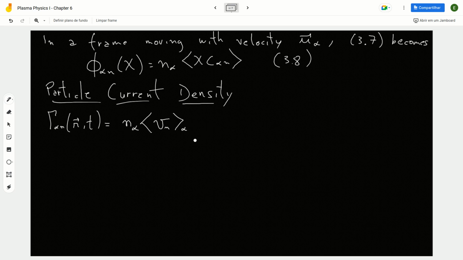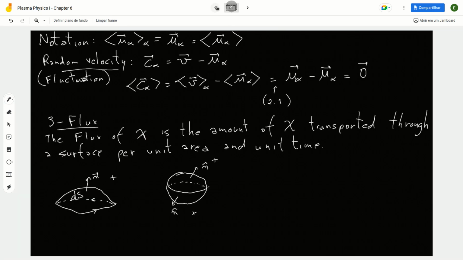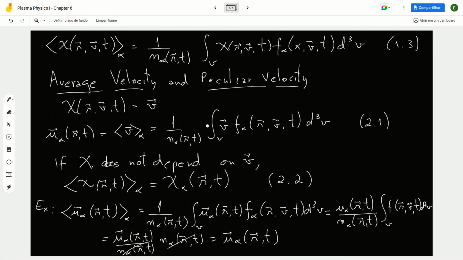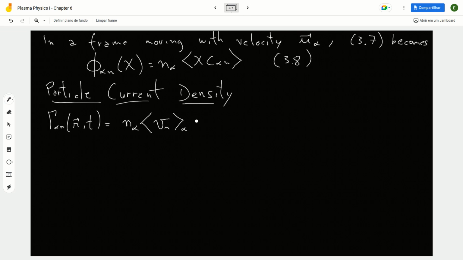Now, using 2.1, we can instead of writing this way use this notation. Sometimes it's clearer to use it like this. Okay, that's 2.1.